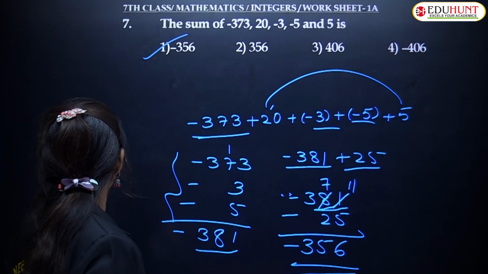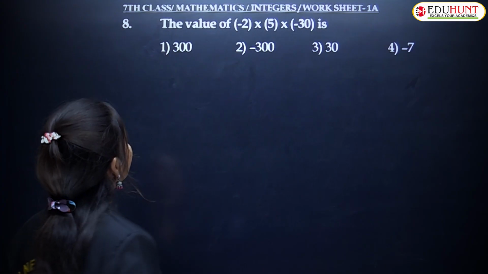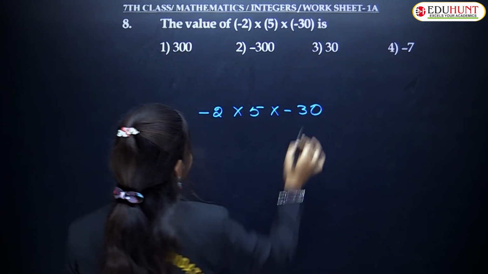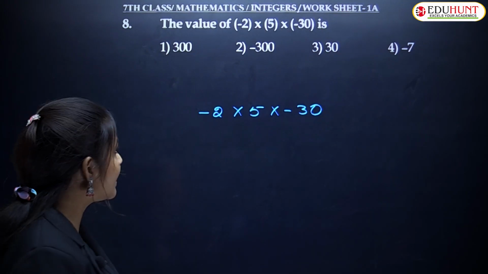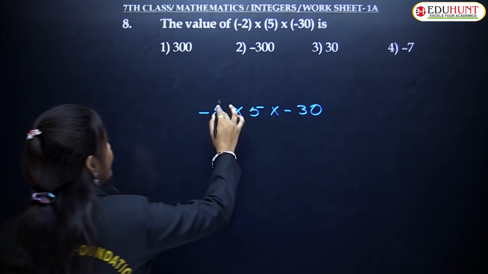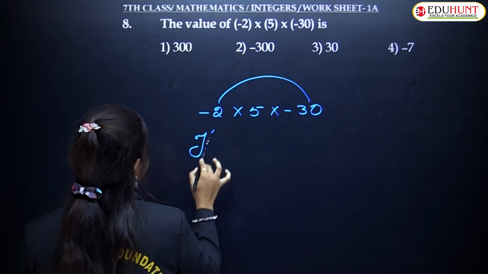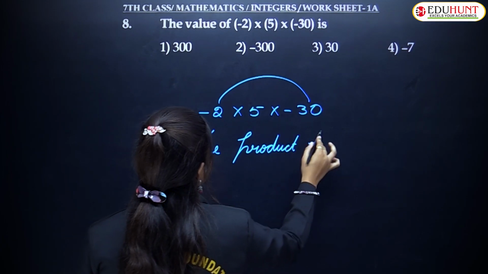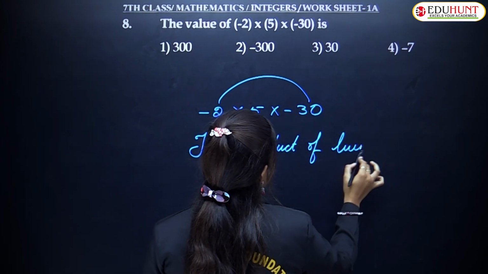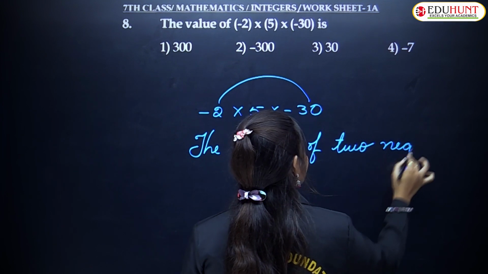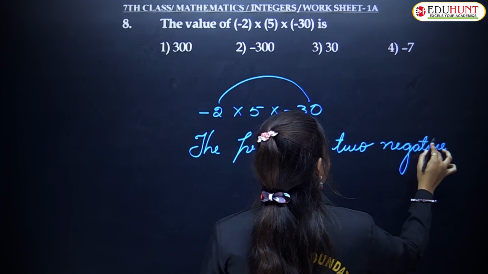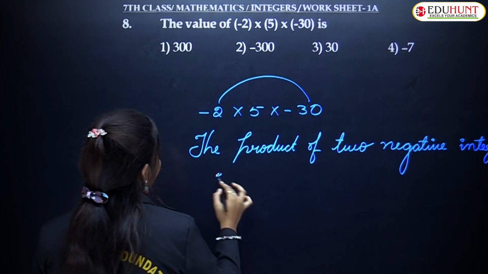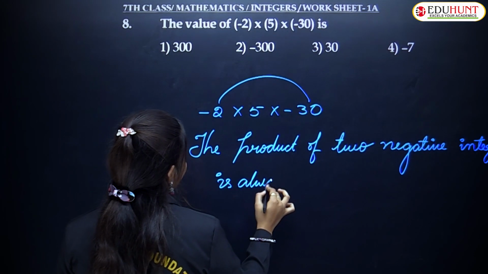Okay. Next, see here. Question number 8. What is the value of minus 2 into 5 into minus 30? Minus 2 into 5 into minus 30. And we know that the product of two negative integers is always positive.